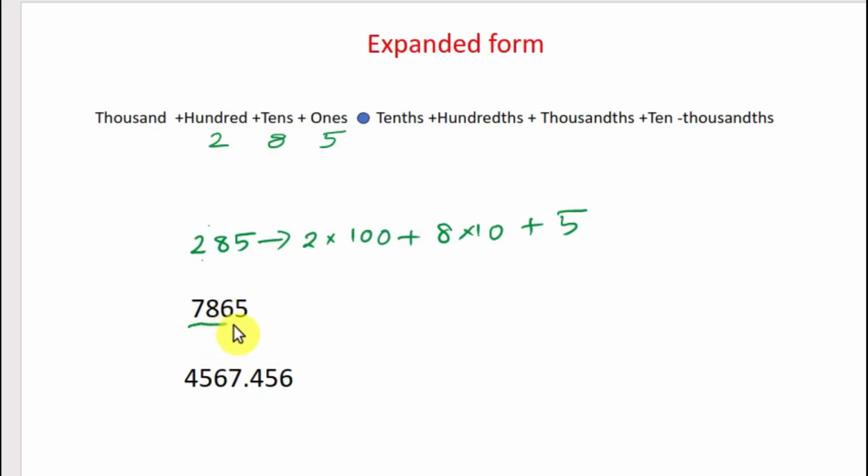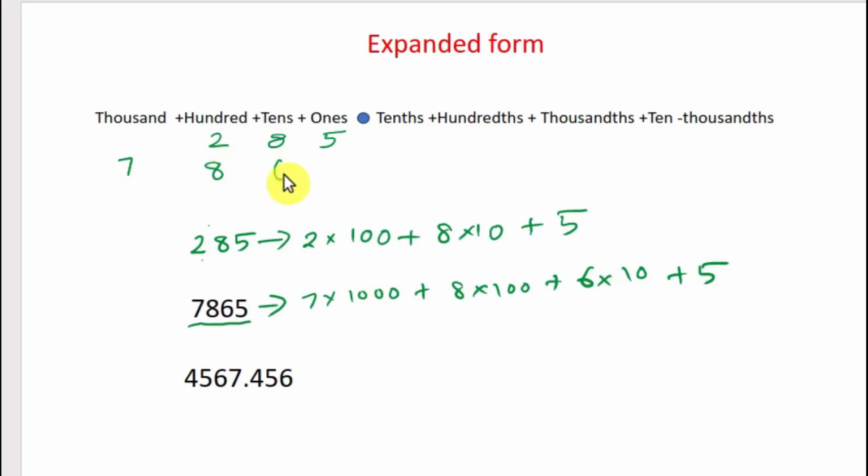For example, 7865. Here how will I expand? 7 into 1000 plus 8 into 100 plus 6 into 10 plus 5. Here 7, 8, 6, 5.